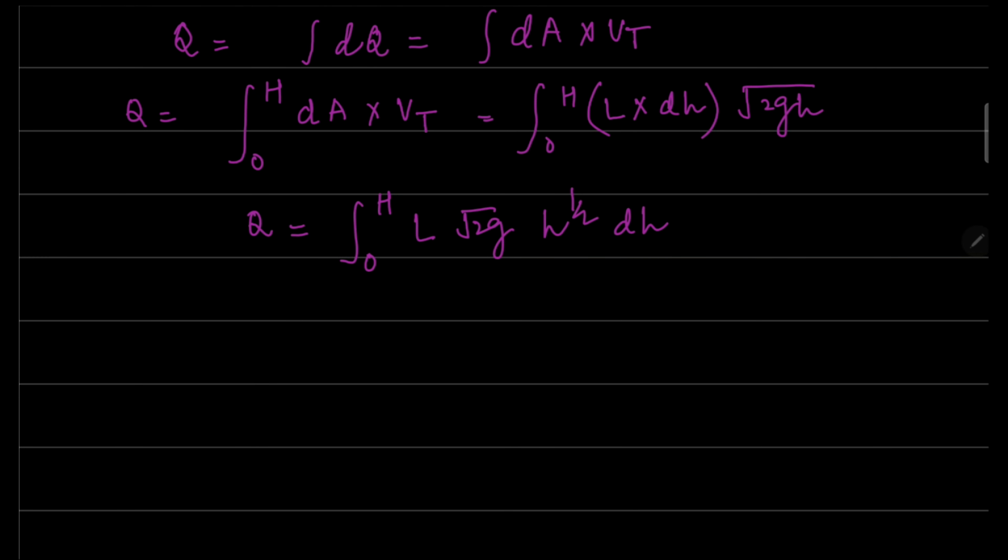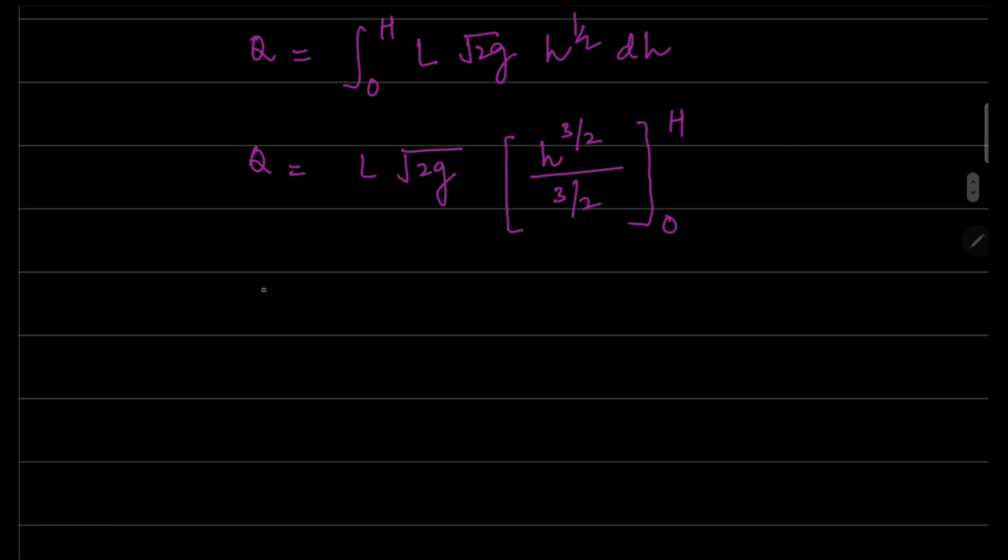Once we integrate the above equation, q is equal to L multiplied by under root 2g, and then the integration gives h raised to the power 3 by 2 divided by 3 by 2, with limits 0 to H. If we simplify this equation, q is equal to 2 by 3 L multiplied by under root 2g, and H raised to the power 3 by 2.